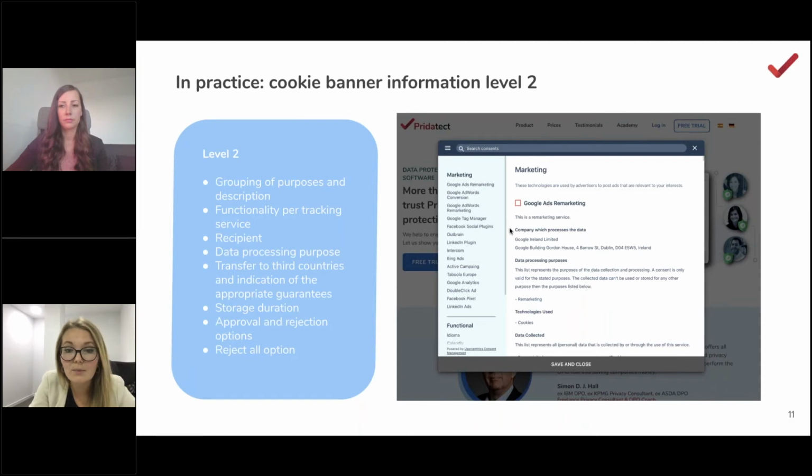I do have the recipients, I do have the data processing purpose, I do have the transfer. Like here we can see the Google Ads remarketing cookie is actually situated with Google Ireland, and this is going to be transferred to Ireland, which is still in Europe. That's very good. And I also have information about the storage duration, about approval and rejection options, which is also important.